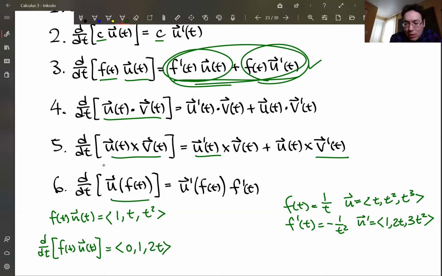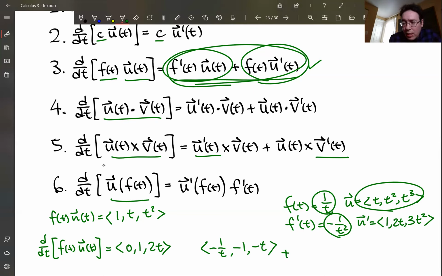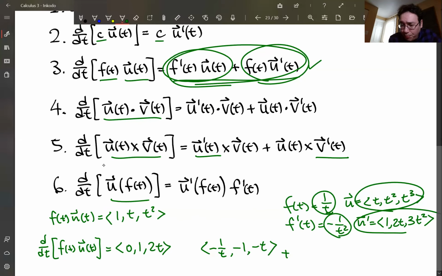So f prime times u is going to be negative 1 over t, comma negative 1, comma negative t, all right, plus, now I want to multiply f of t times u prime.